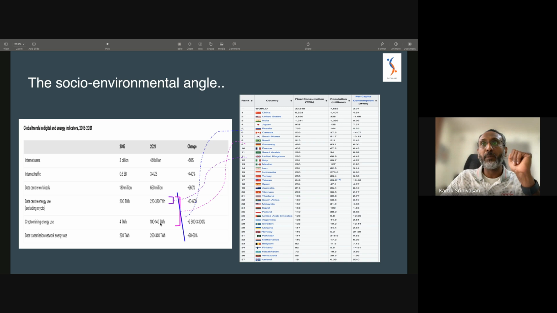But even without crypto, if you look at this bucket of 220 to 320 terawatt hours, you will see that the utilization of all data centers put together that the world has today is roughly equivalent to the top 10 countries in terms of how much the entire country uses from an energy consumption standpoint. So if data center was a country by itself, it would be at the 10th level.